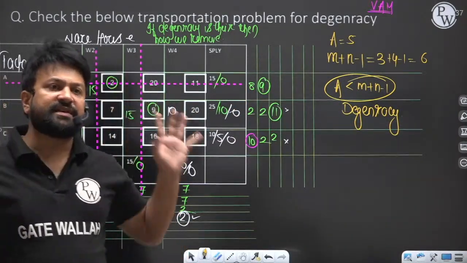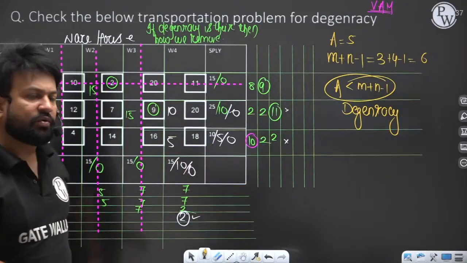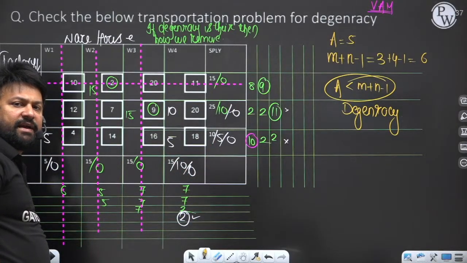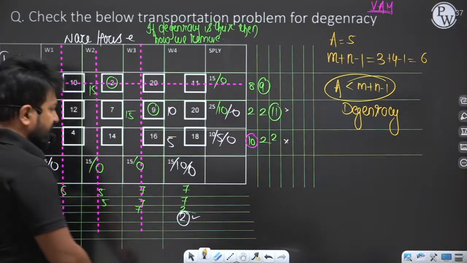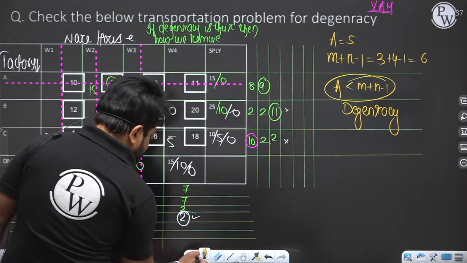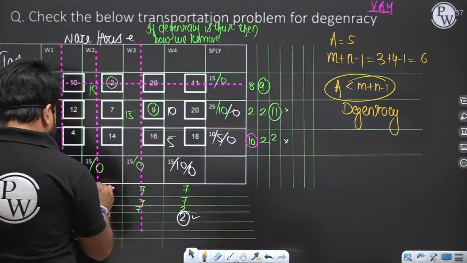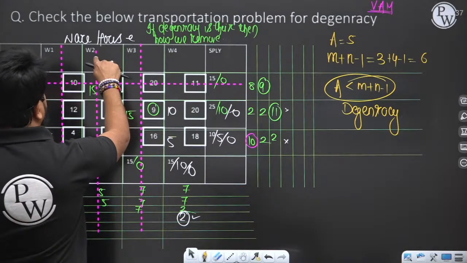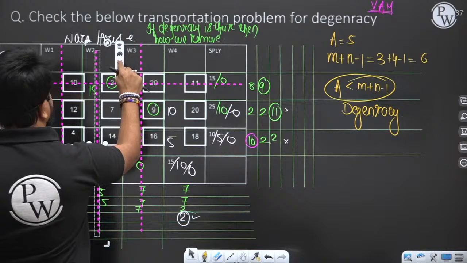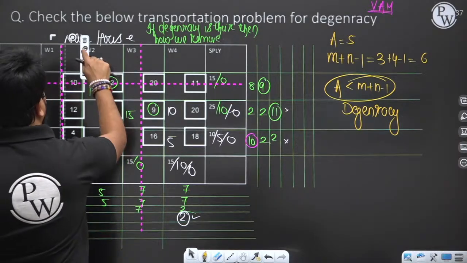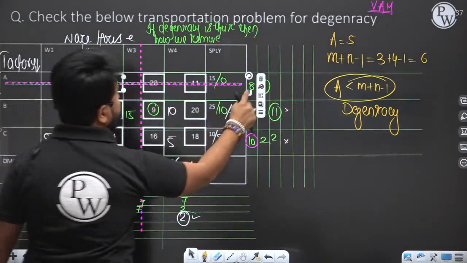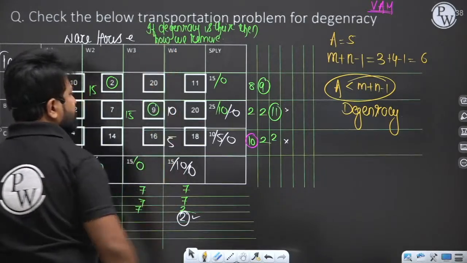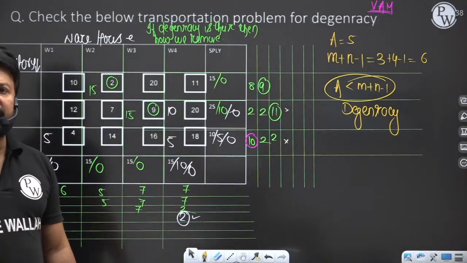So in this problem there is a degeneracy. Now my next question is how can we remove the degeneracy?